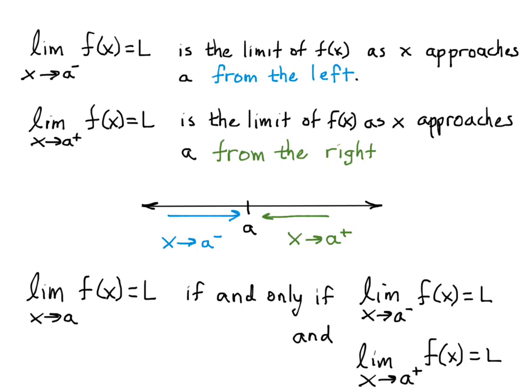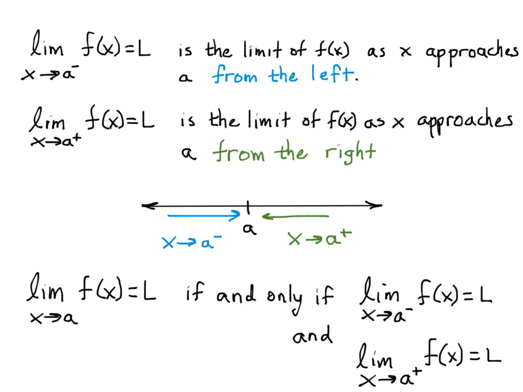If I'm just looking at the function, not the slope now, if we say this is a, as I go this way, my function approaches that value, and if I go this way to a, my function approaches that value. So this limit only exists when we come from both sides to the same value.